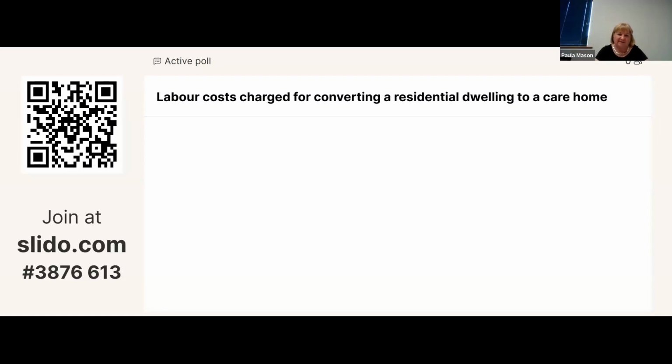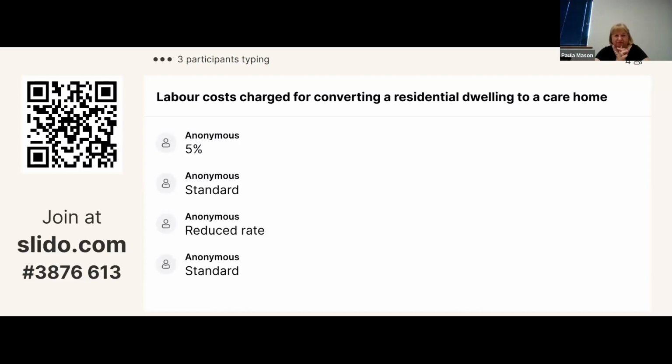Labour costs charged for converting a residential dwelling to a care home. Okay, well done to those that said reduced rate or 5%.